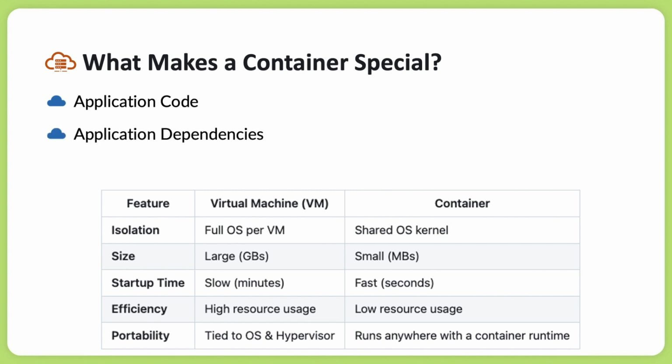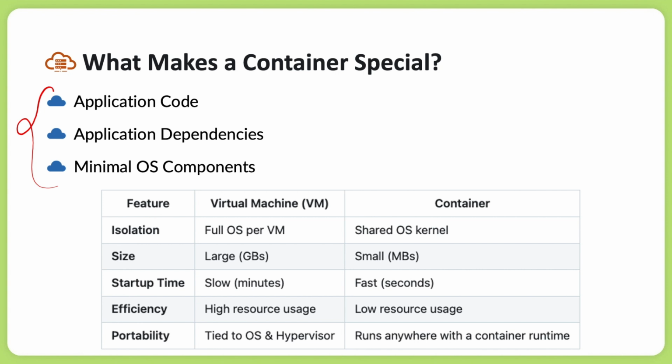It also includes application dependencies like libraries, frameworks, and the runtime environment that are required for the application to run, and then a minimal operating system component, just the necessary system files, and the rest it depends on the host machine's operating system, kernel, drivers, and resource control. So because of all these features, containers are lightweight, isolated, and portable.